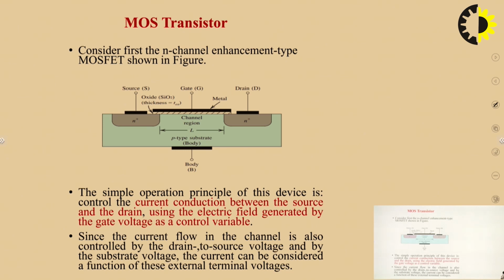So if the gate current is essentially zero, it is the gate voltage which controls the flow of current between source and drain. So the gate voltage is our control variable which controls the flow of current between source and drain regions.